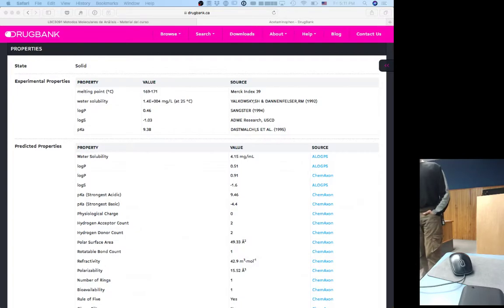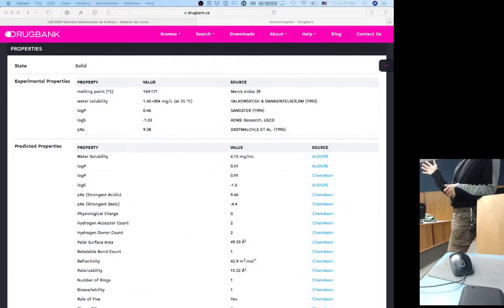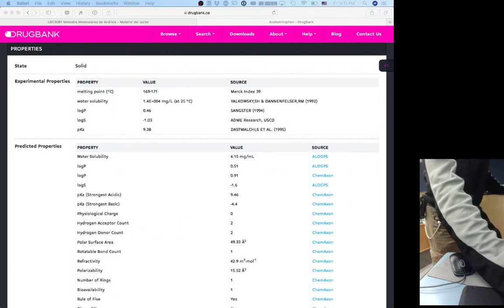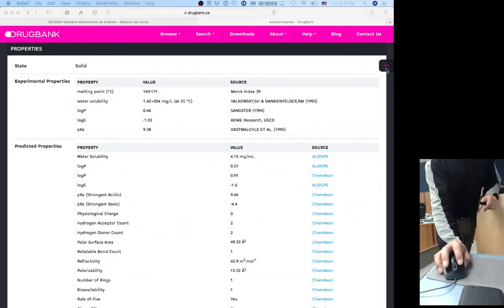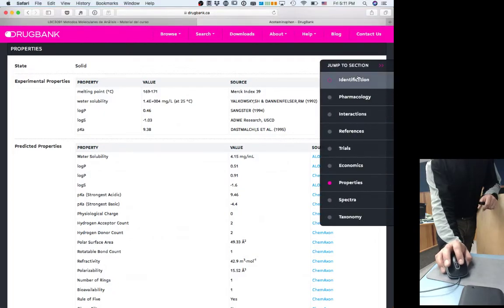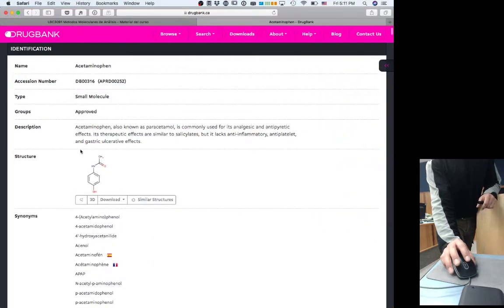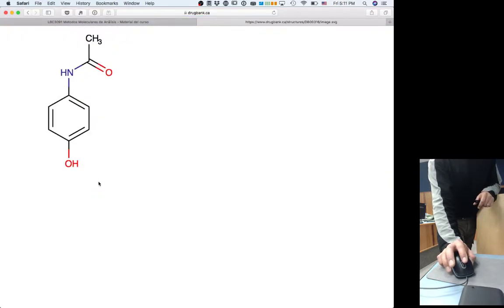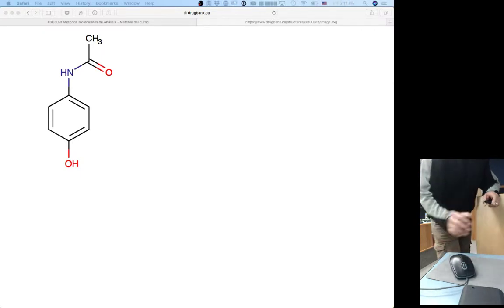The pKa can be viewed in the simplest fashion as the midpoint where half of your compound is protonated or deprotonated. If I go back, in the structure way over here to the beginning of the section and click on the structure, what I get to see is pretty clear.